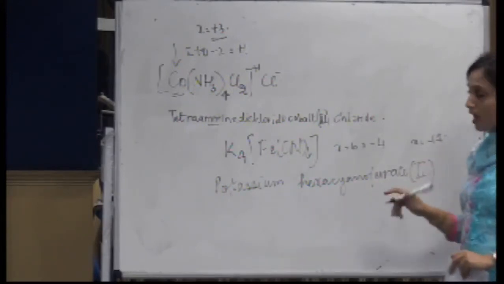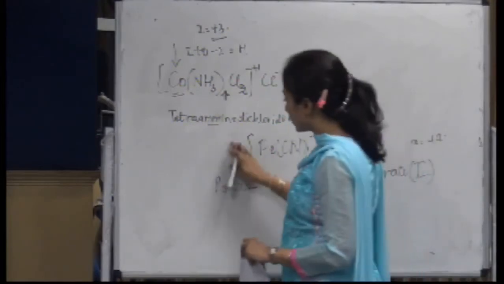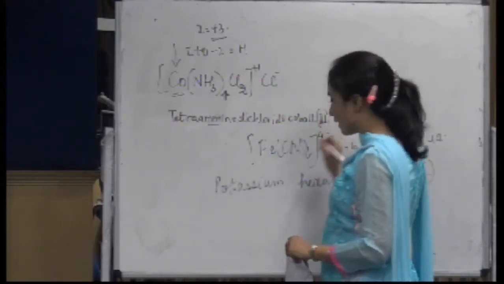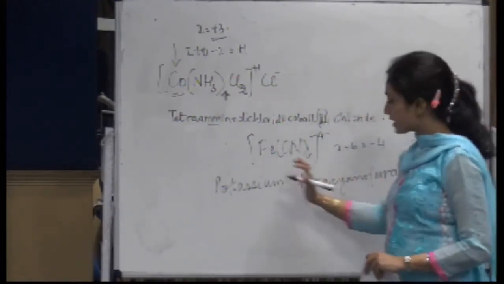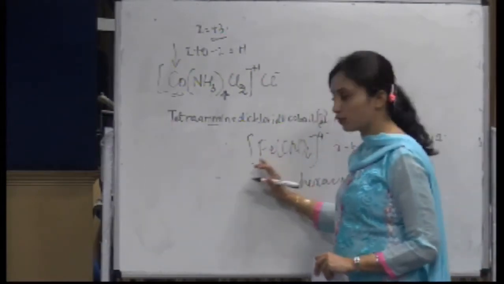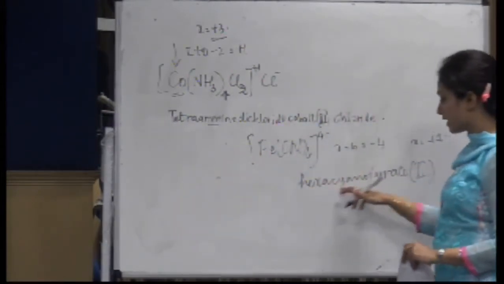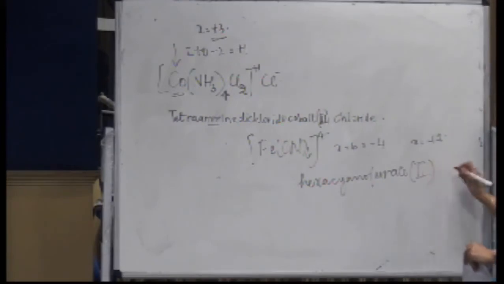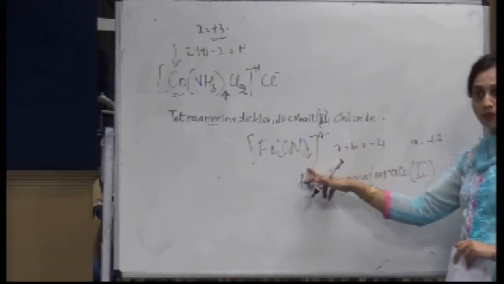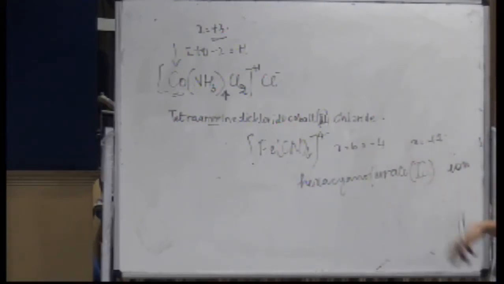Hexacyanoferrate(II). Okay, suppose this K4 was not here, then this would have a charge of 4-. In that case you do not write potassium because K4 is not there. So you write hexacyanoferrate(III) iron, because now it is available in the ionic form. So then you have to name it as iron.